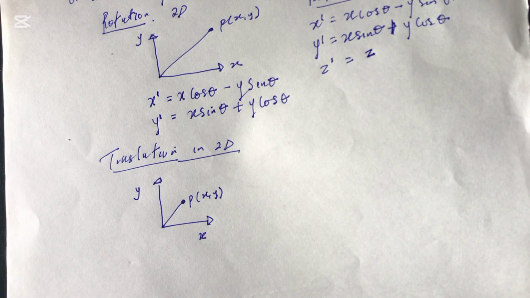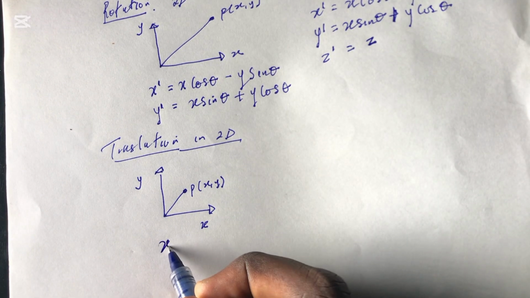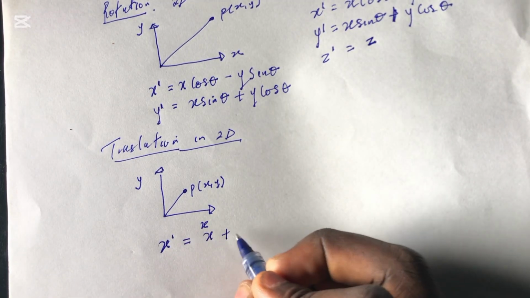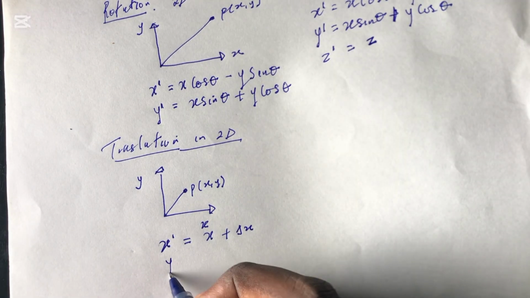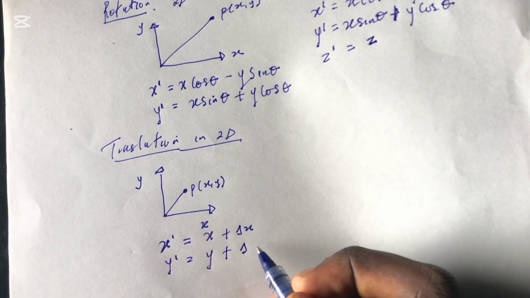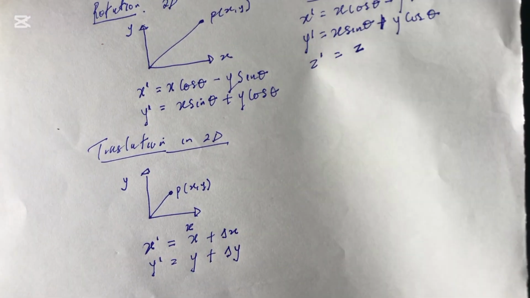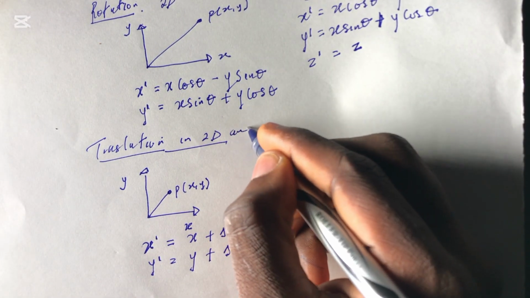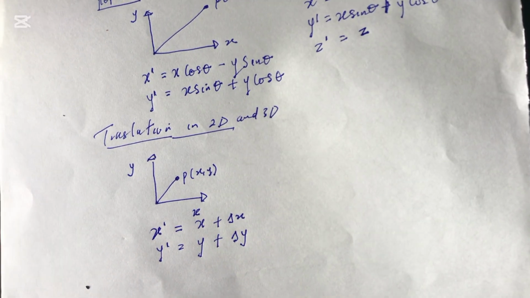We're going to say that x prime, which is the new coordinate, will equal x plus the change in the x axis. Then y prime is going to be y plus the change in the y axis. Now this is for two dimension, just this if you are given only x and y.